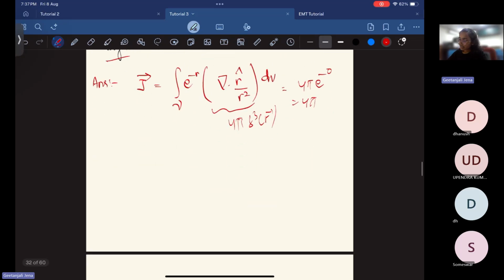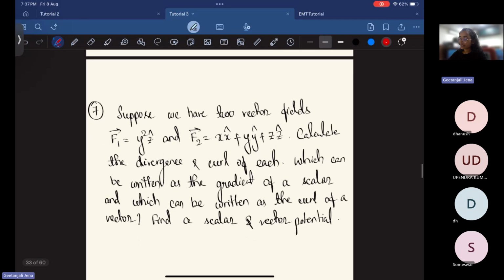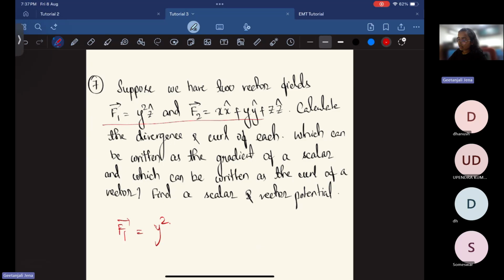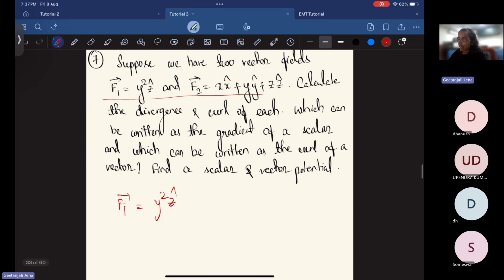Okay. Let us see a problem on conservative fields. So you have two vector fields. One is F1, which is y square z cap, and F2 is x x cap plus y y cap plus z z cap.